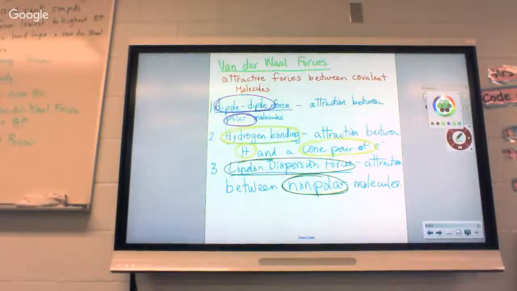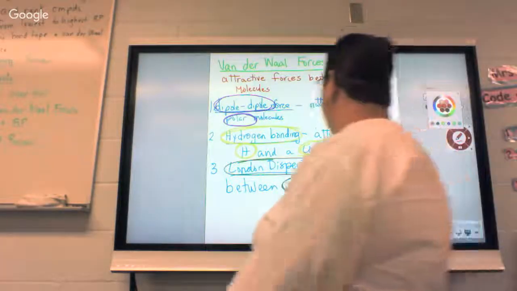Now, once we can identify who's who, to figure out the boiling point and who's higher and who's lower, we got to know who's stronger and who's weaker, right? So, which of these three do you think has the strongest attraction? It's not a bond. Number 2. Okay? You would have been right.